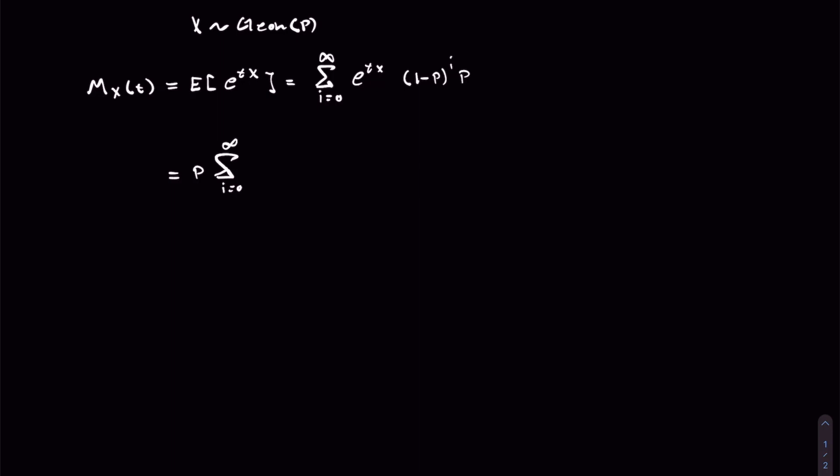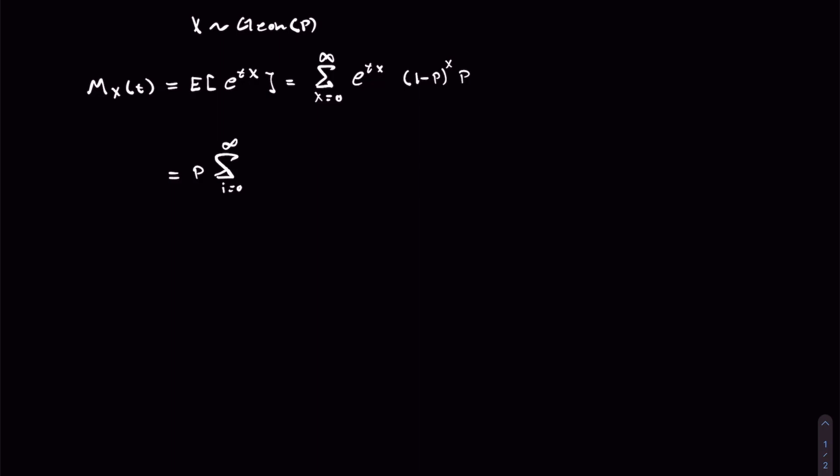There's a slight error here. The index is unclear, so to make this clear, let's change i to little x. That makes it clear. These are the number of failures in the geometric distribution before we get one success, and so the index now runs over all the x's here.